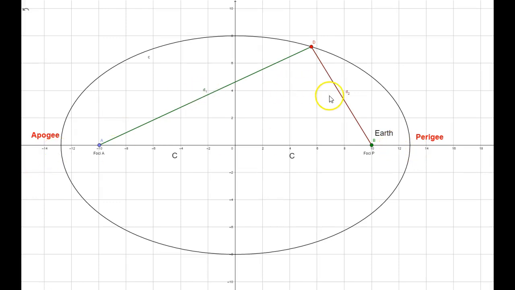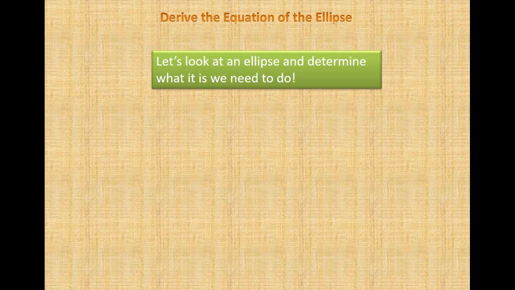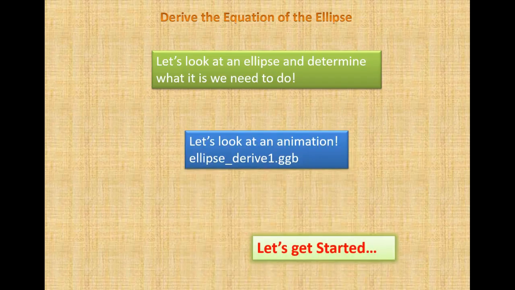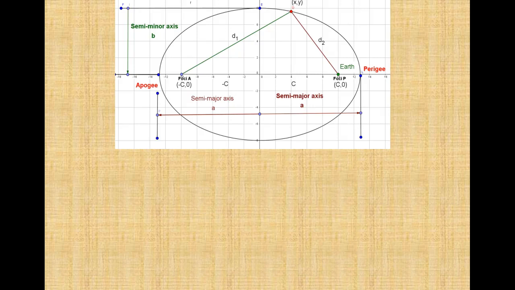Therefore, D1 plus D2 is equal to 2a, and we're going to solve that equation for D1 and D2 when we get back to our presentation. Okay, let's get started. Let me arrange this where we can see it.